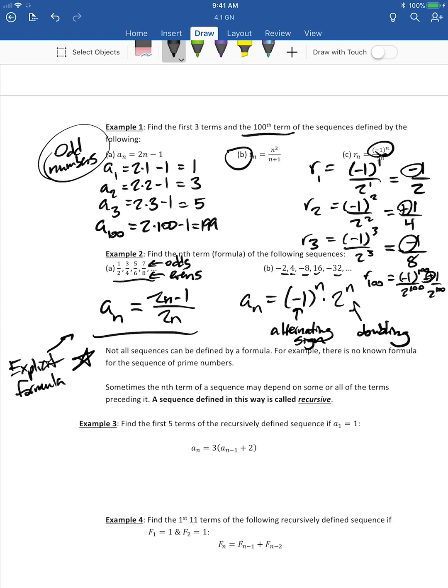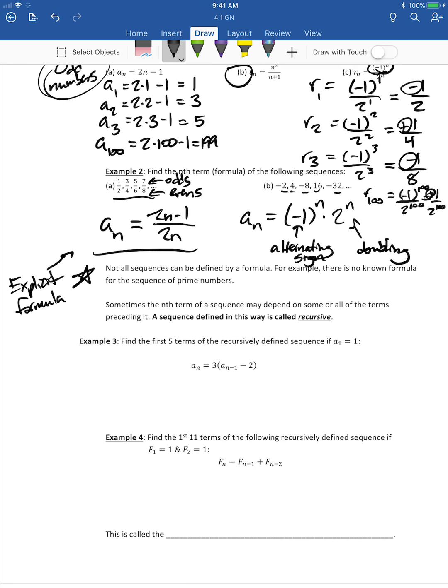Sometimes we're going to have something like example 3 here, where the nth term formula is defined based on the terms before it. So I won't know what the term value is going to be unless I know the term value before it. So this kind of sequence is called recursive.